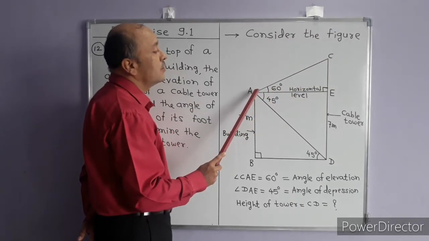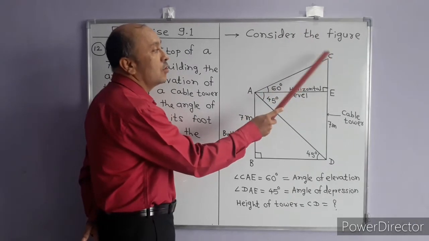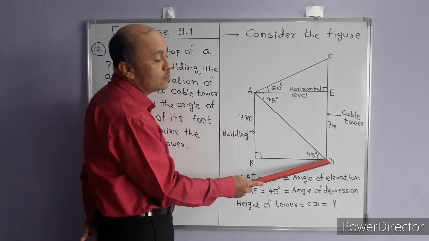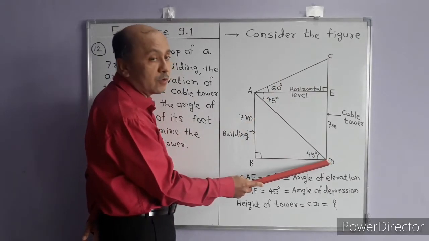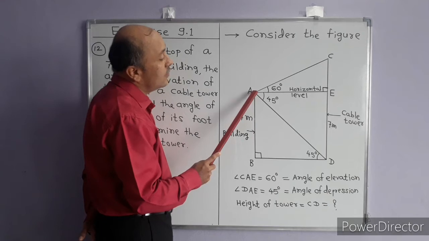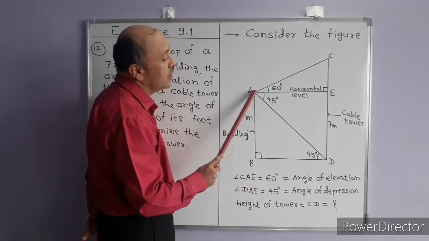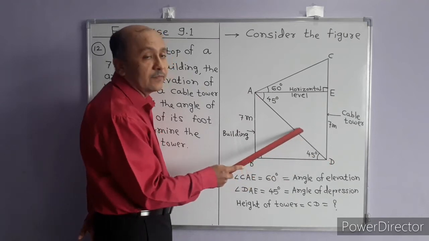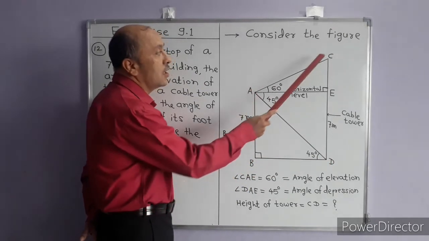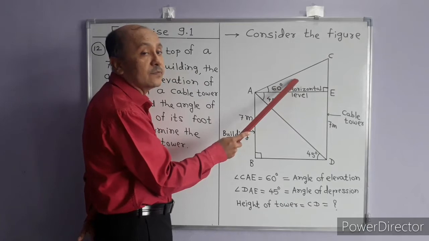D is the bottom or foot of the tower. Then the same observer will look at point D. Whenever he looks down, the angle of depression is formed. Whenever he looks up, the angle of elevation is formed.